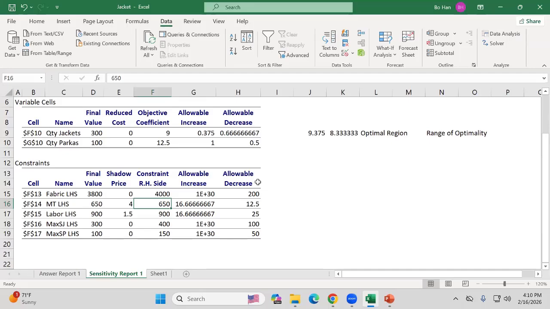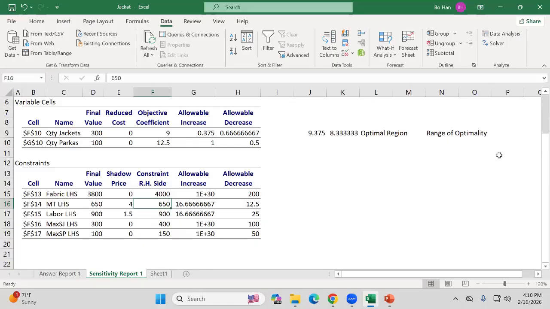So the RHS value for the second constraint is 650, and allowable increase and allowable decrease show you how 650 can change so that the current shadow price does not change. You can calculate, right?